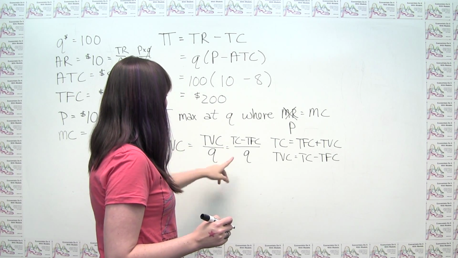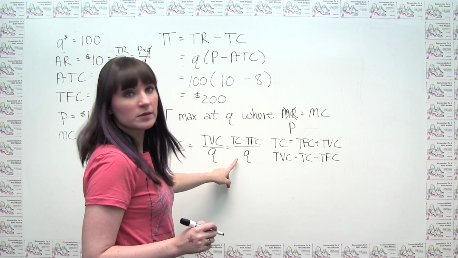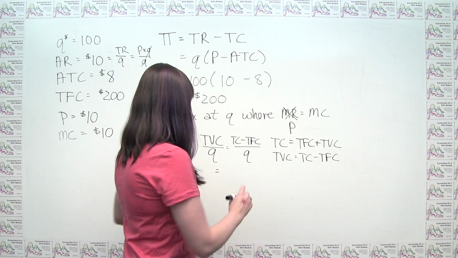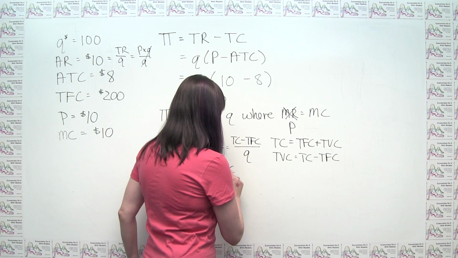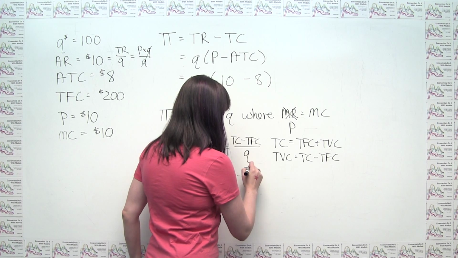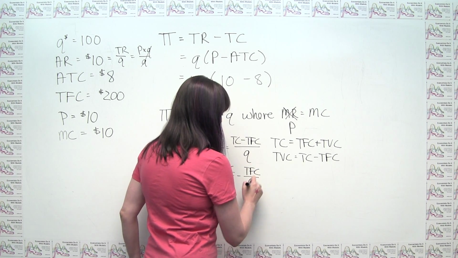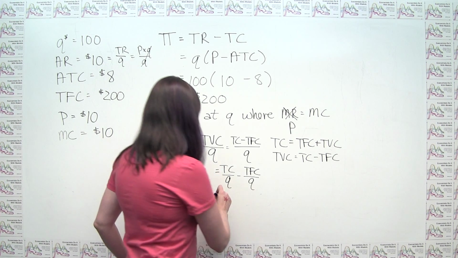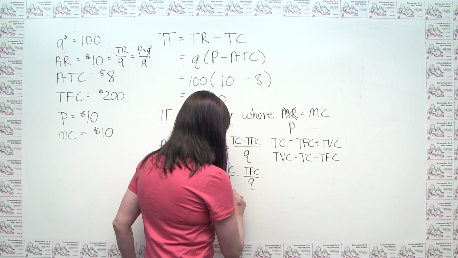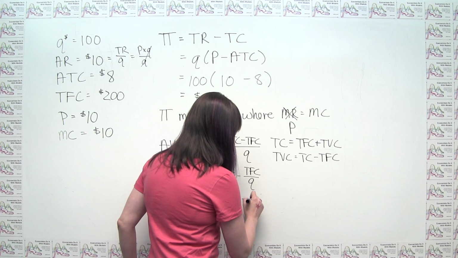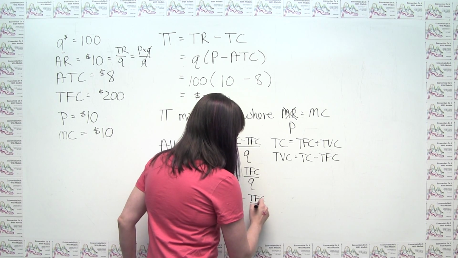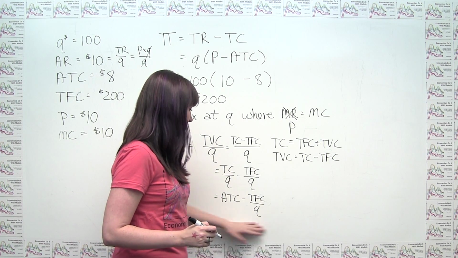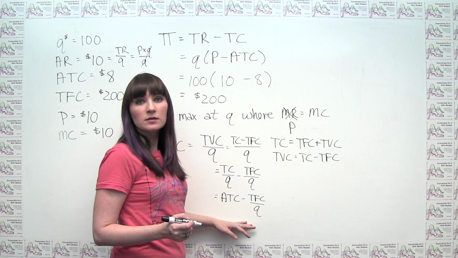Or I could notice some algebra with this fraction, and I could notice that this is going to be total cost divided by quantity minus total fixed cost divided by quantity. Total cost divided by quantity is just average total cost, which is something that we have. You didn't have to know that average variable cost is equal to this right away.